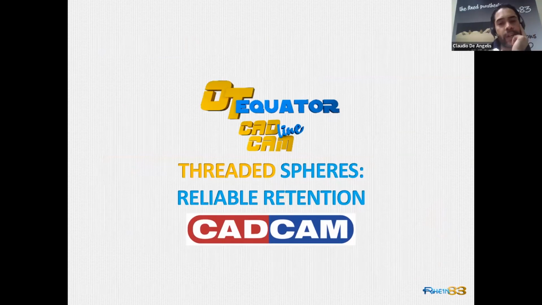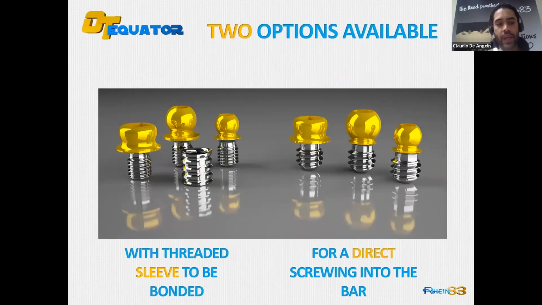Let's see how to work on a complete digital bar, for example. Remember, before I told you, in the case with Otica Techno, they used a directly threaded bar, and they use this family of attachment, which is a 2.0 standard thread family.